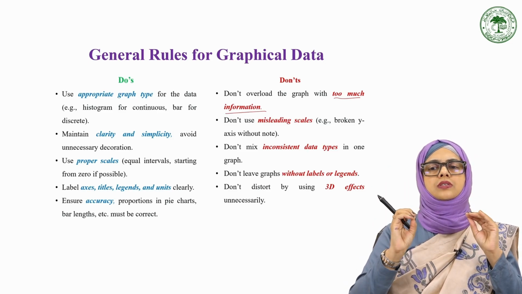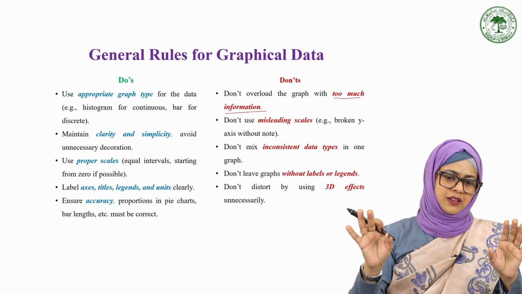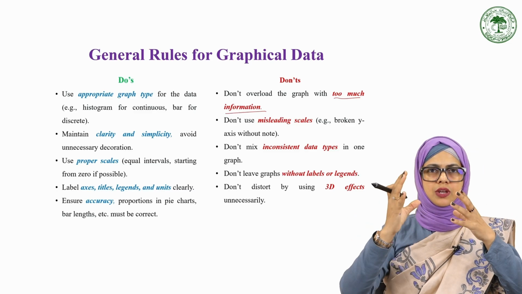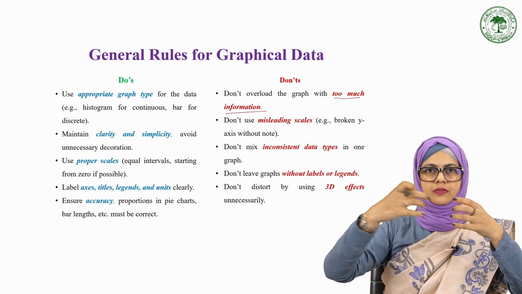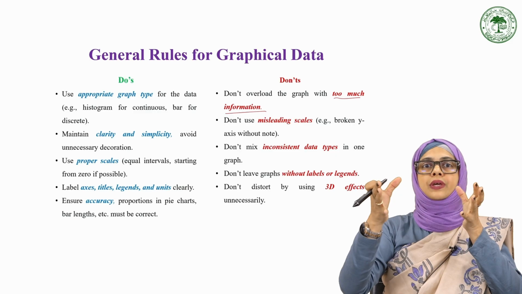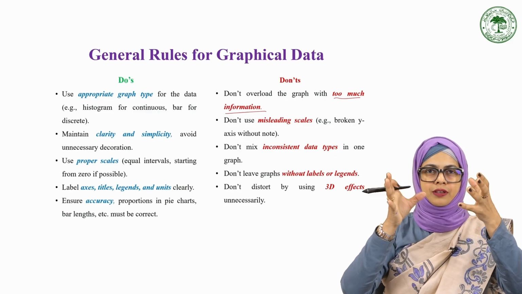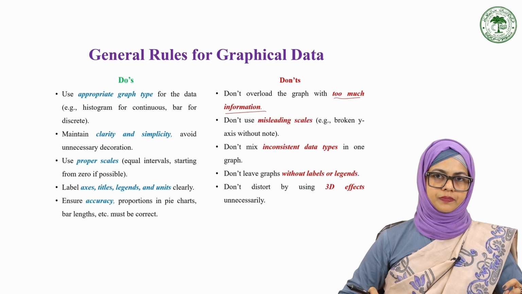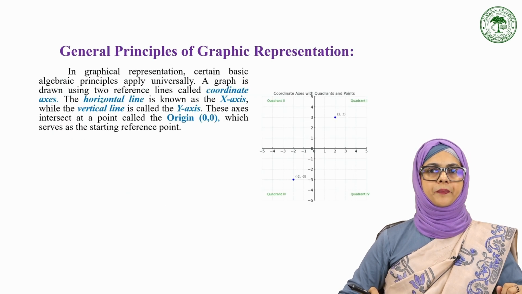Don't distort by using 3D effects unnecessarily, because if you use the 3D effect, one slice of the pie chart, for example, may appear simply big because of the viewing angle in which you have portrayed the 3D effect, which can also mislead the audience about its proportion. So be careful regarding that.